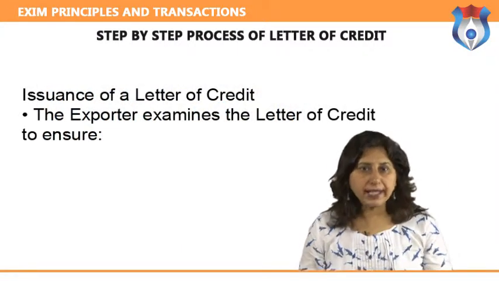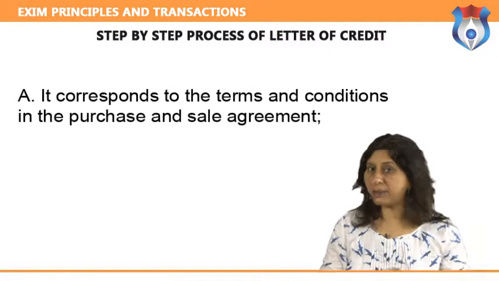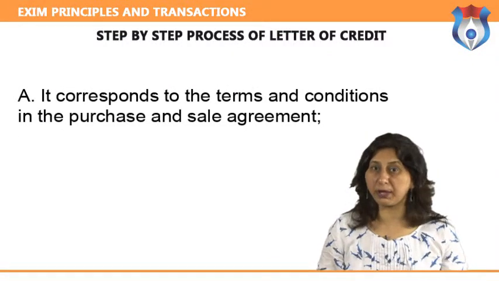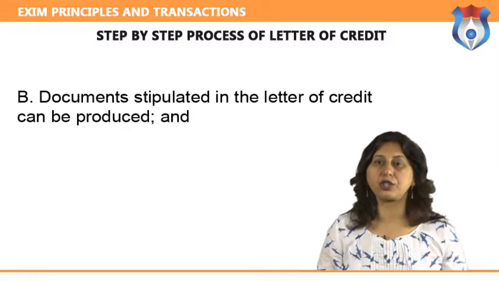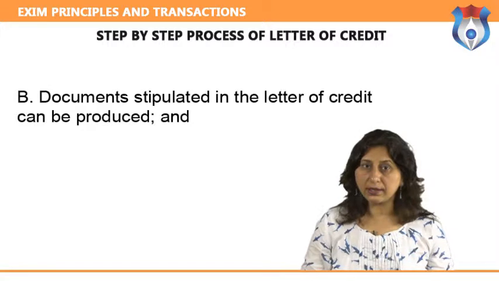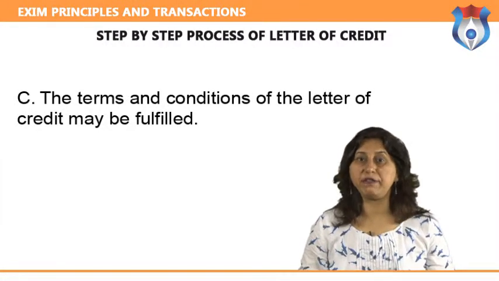The exporter examines the letter of credit to ensure it corresponds to the terms and conditions in the purchase and sale agreement. Documents stipulated in the letter of credit can be produced, and the terms and conditions of the letter of credit may be fulfilled.